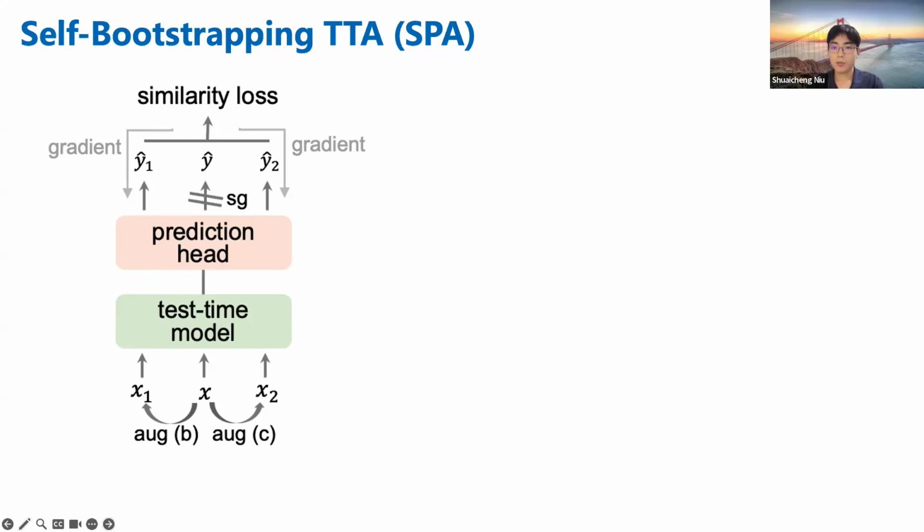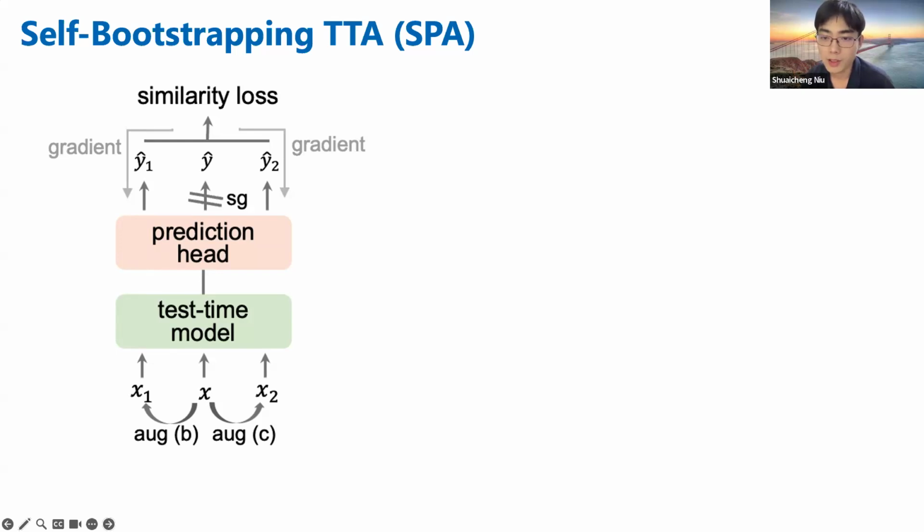Given an input image X, we first perform augmentation on X to get X1 and X2. Then both augmented samples X1, X2, and X are fed into the network, and we get the corresponding predictions ŷ1 and ŷ2.